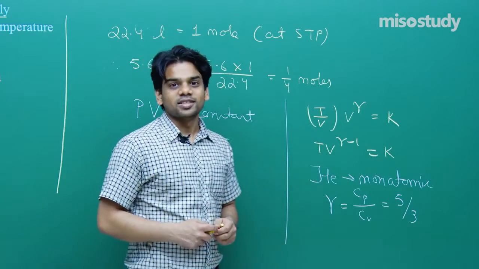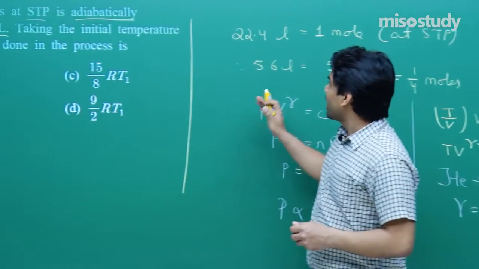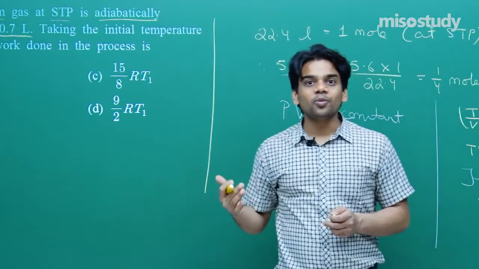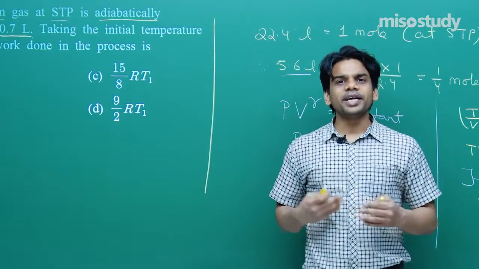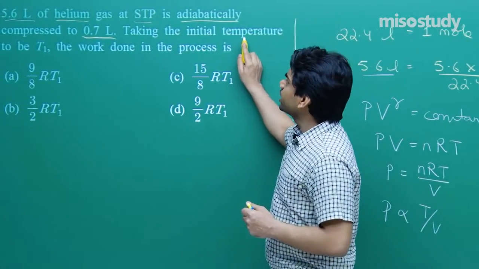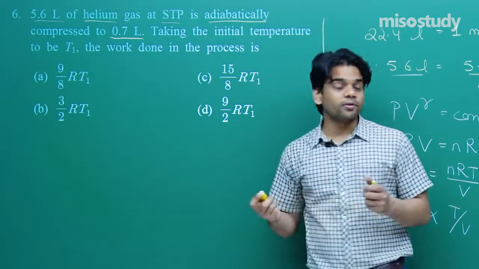Initial volume is given as 5.6 liter, and final volume is 0.7 liter. Taking the initial temperature to be T1, in terms of T1 we have to answer.